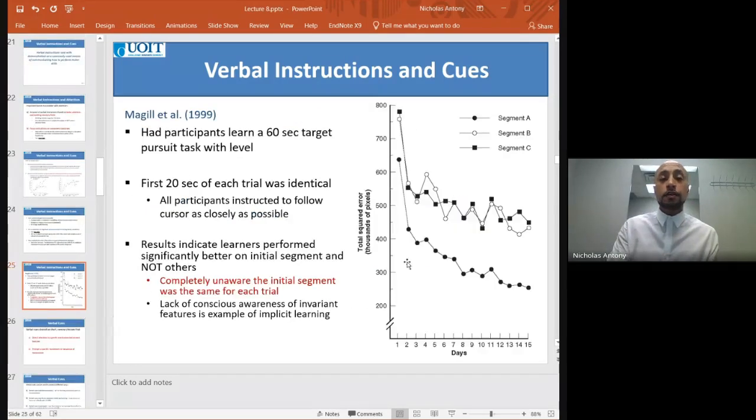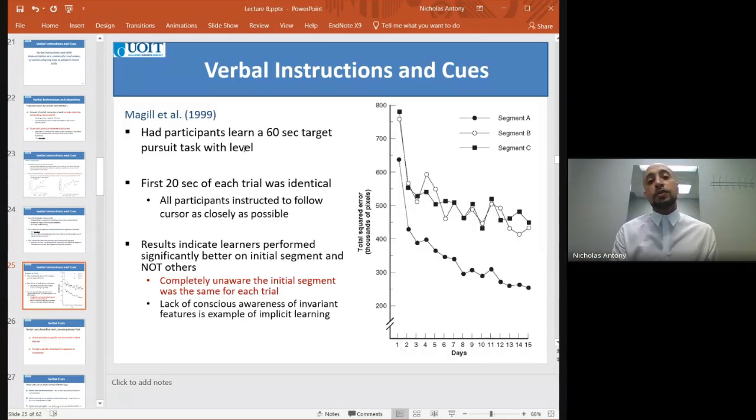This study here showed that people had to do a 60-second pursuit task. Do you remember when doing continuous motor skill studies, typically you have a mouse and someone's following a cursor on the screen because it's a continuous skill.